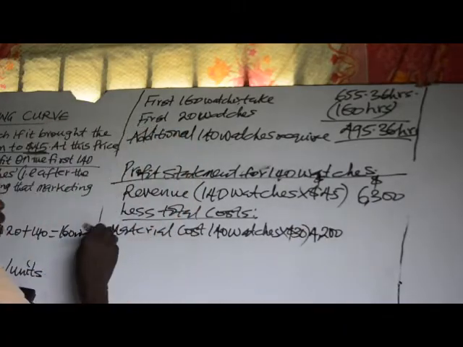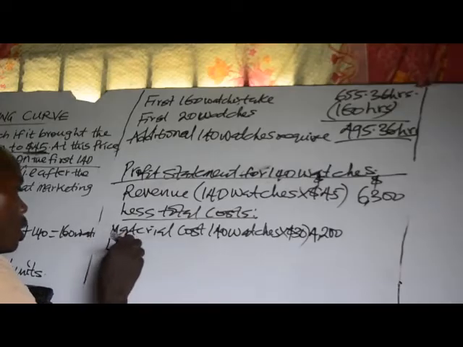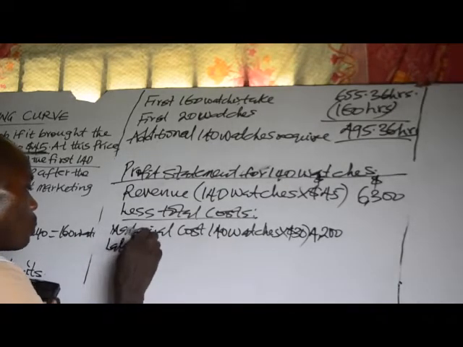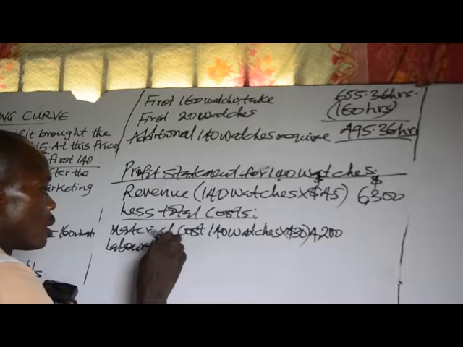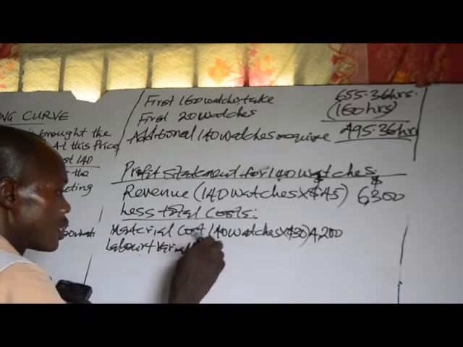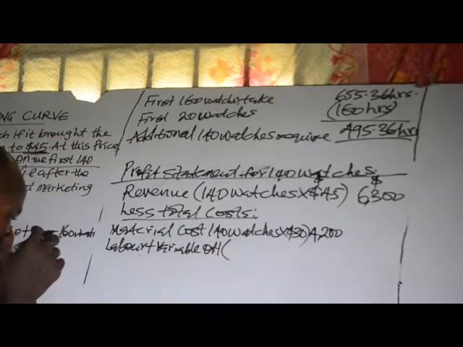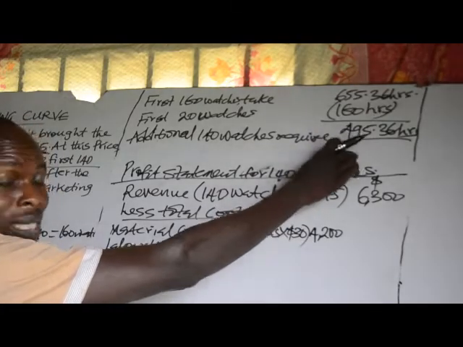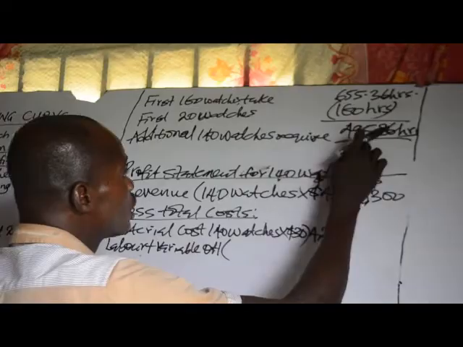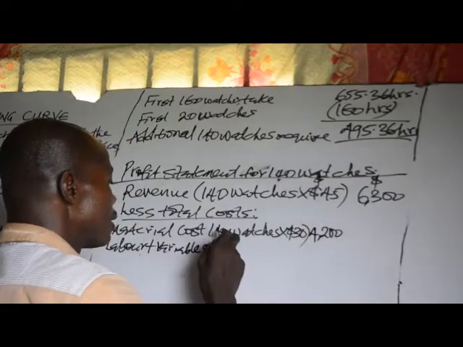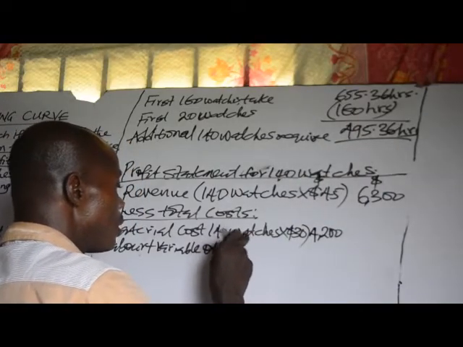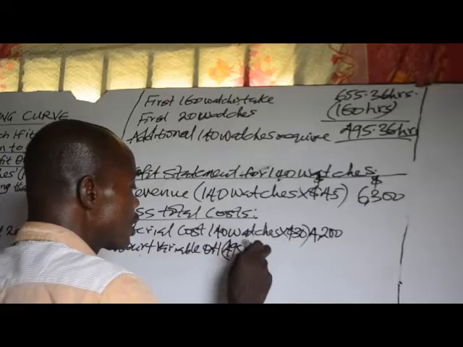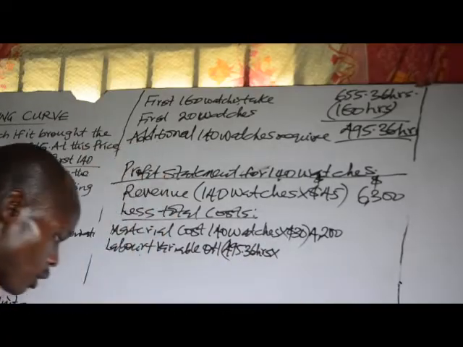Then we also have labor plus variable overheads, and the number of hours required for the additional 140 watches is 495.36 hours times, you were given the labor rate per hour.